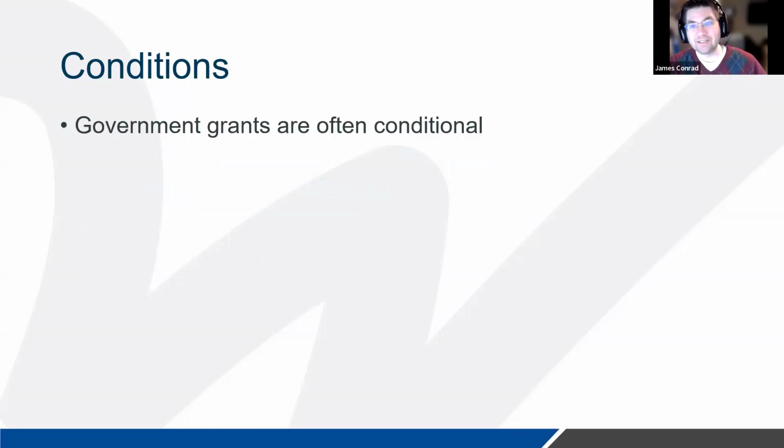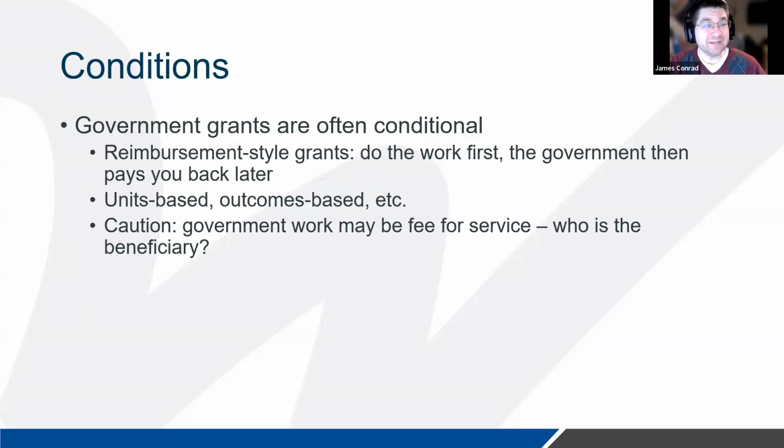So government contracts often have conditions in there. And if you deal with government contracts, you're going to know a lot of them are reimbursement style. You do the work, they pay you back later. Now, that means A, you need to front the money, and B, you often will get an administrative boost on top of it.